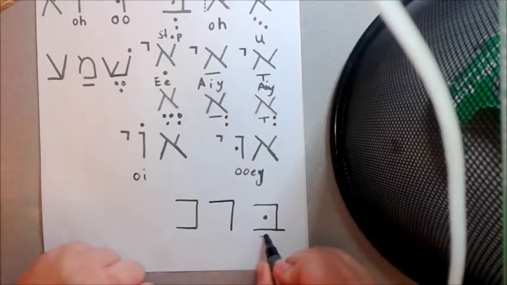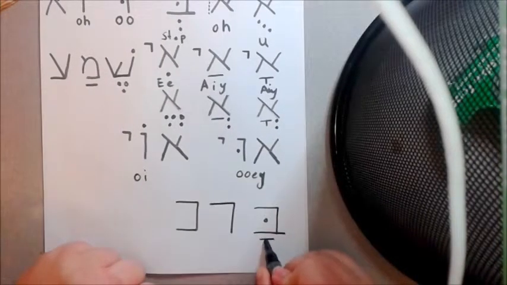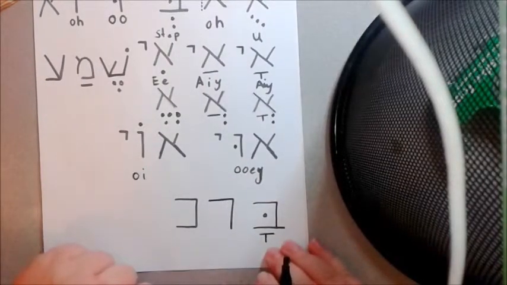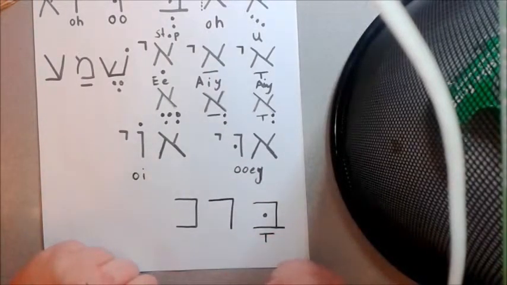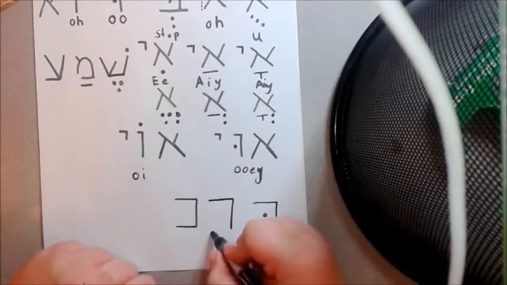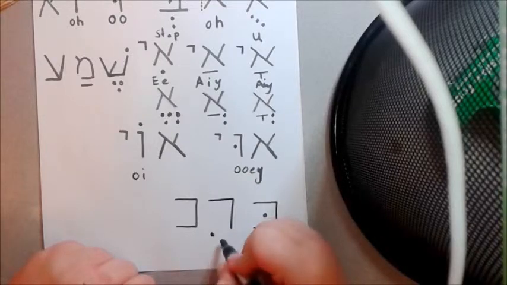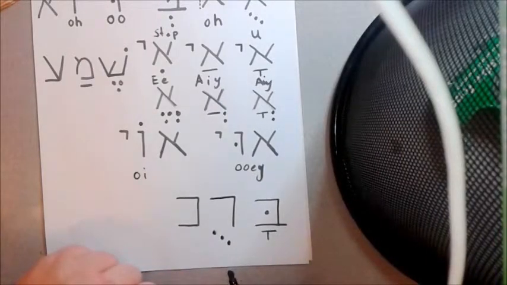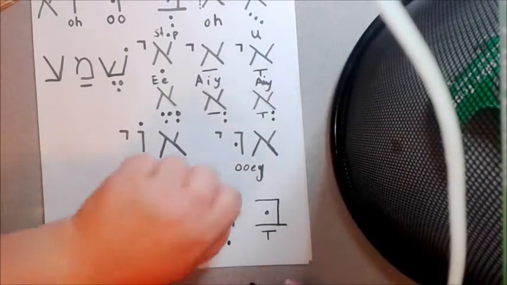So if I say ba, and I don't actually know if this is the correct spelling of this, but for the sake of reading, that's okay. We'll just do this. Baruch. Do you hear that? Ba.